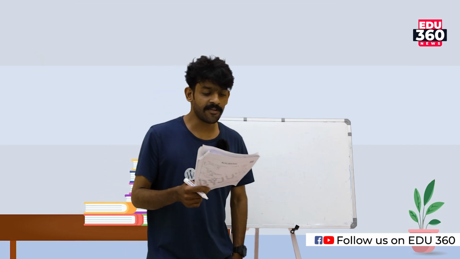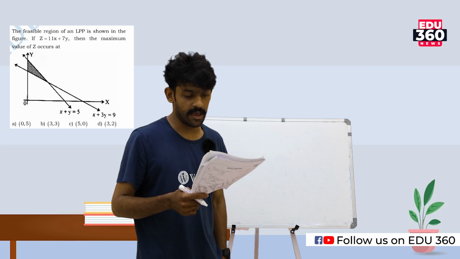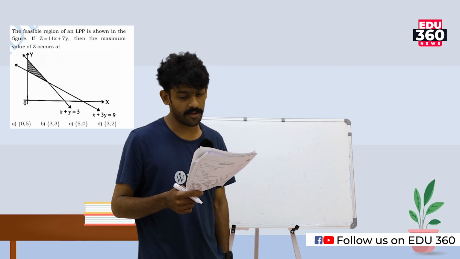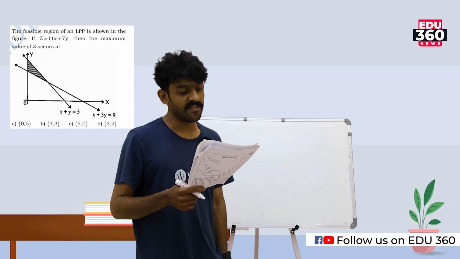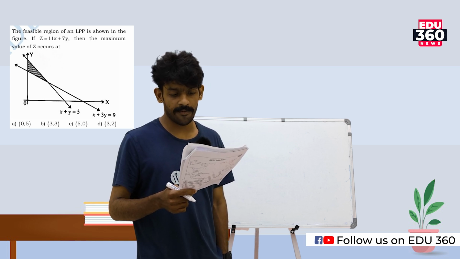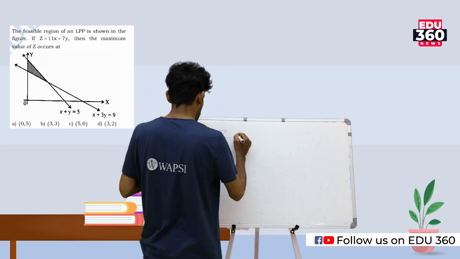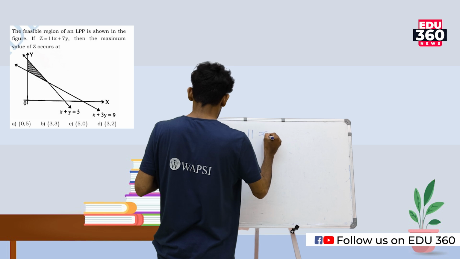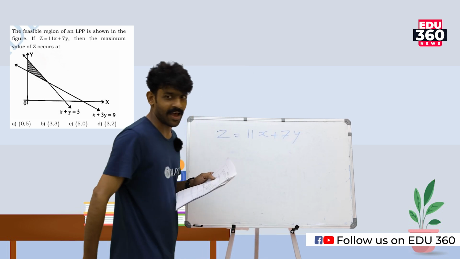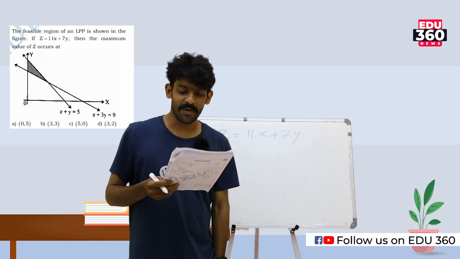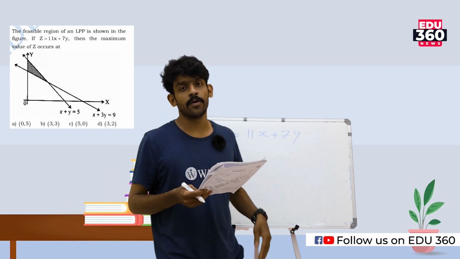Okay, so the next question is that the feasible region of an LPP, linear programming, is shown in the figure. If Z is equal to 11x plus 7y, then the maximum value of Z occurs at.